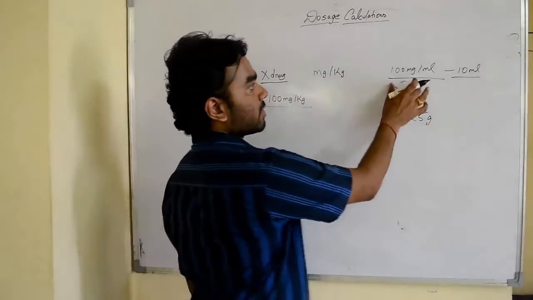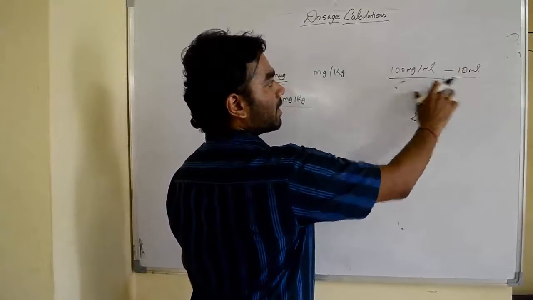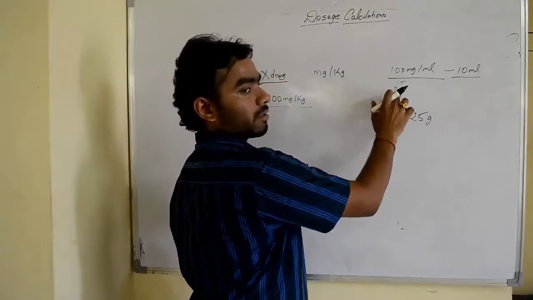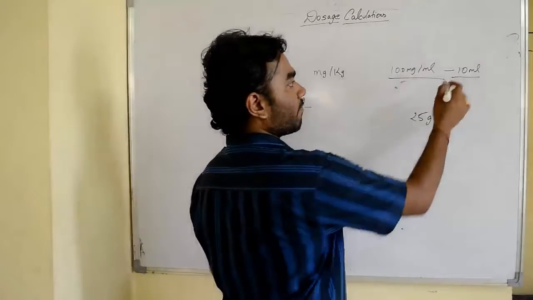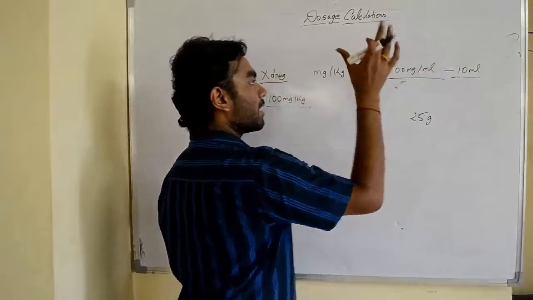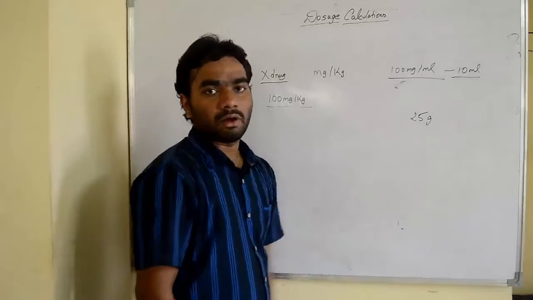You don't get confused here. This is just 100 mg in 1 ml. So if I need 10 ml, then I need 100 into 10, 1000 mg, 1 gram in 10 ml. I'll prepare this as a stock, and from this stock I will use it for injecting.